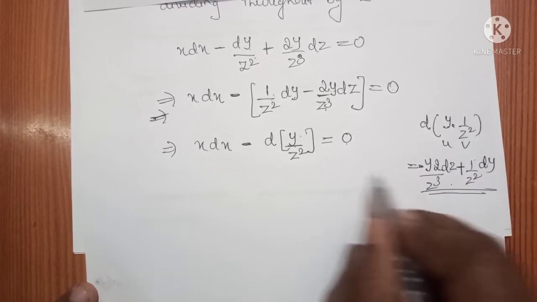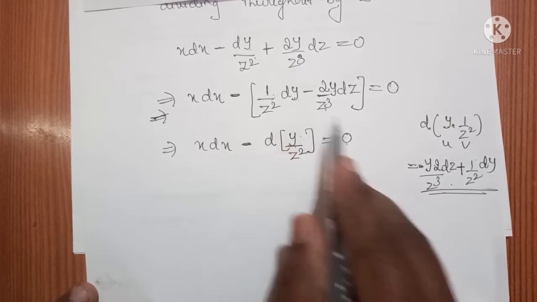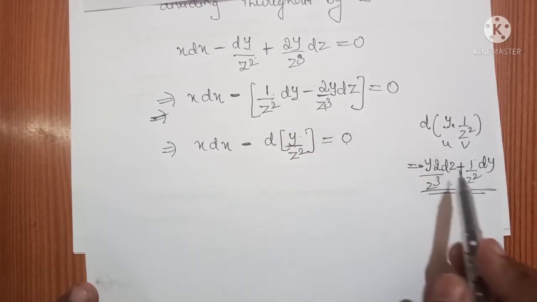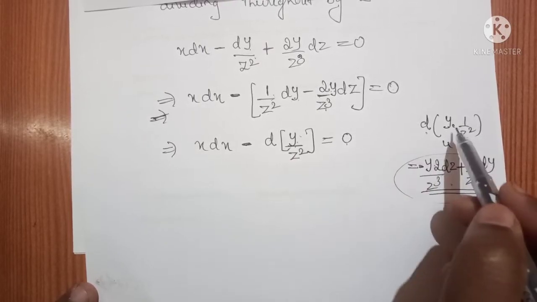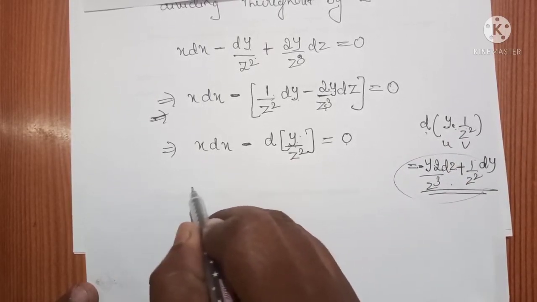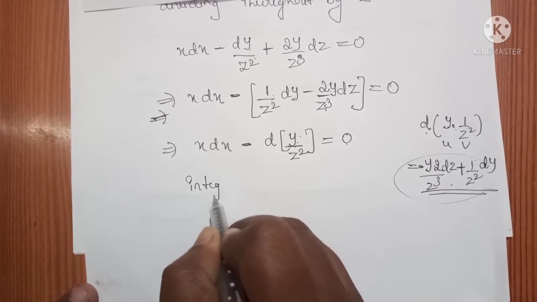You can observe these two are the same, therefore we can replace this term by differentiation of y divided by z square, or y into 1 by z square, both are same.